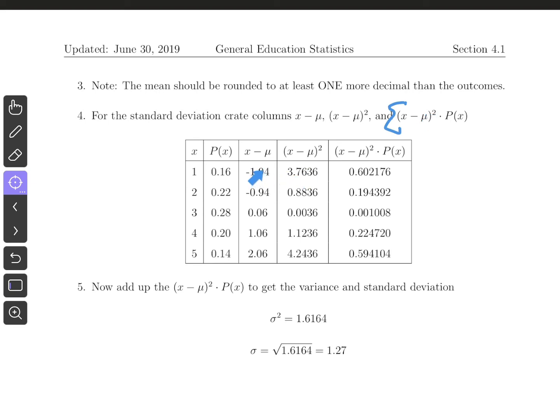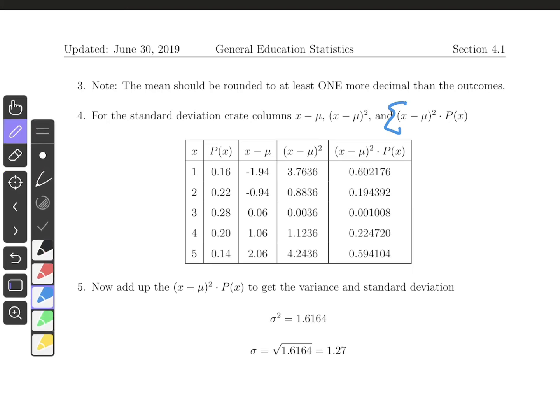This is 1 minus 2.94, which is negative 1.94. Then I square it, and then I multiply it by its probability. So I get 3.7636, multiply it by 0.16, and I get this. Then I add them all together. You're welcome to try to do this by hand, but we've already done it with the one variable stats and confirmed it was 1.27.